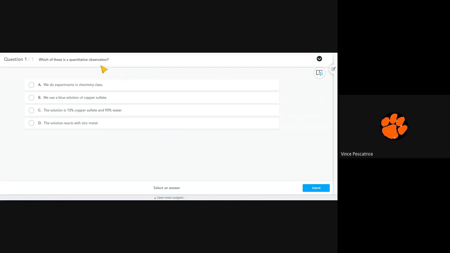So quantitative. Look at the base word in it. Quantity. Which one of these is a quantitative one? Remember, you get points just for answering, not if you get it right or wrong.